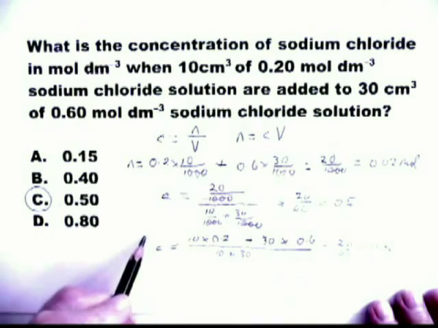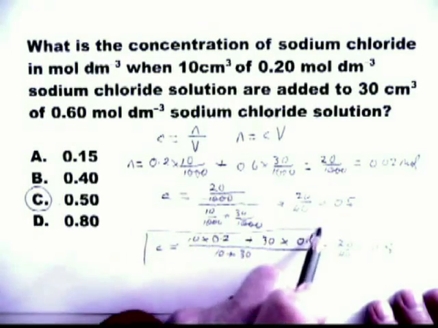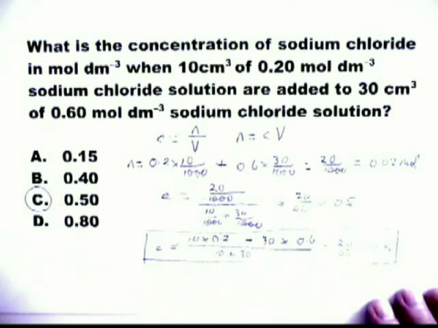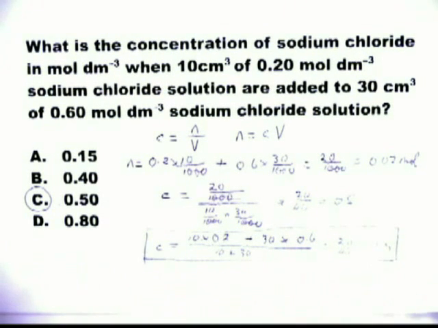If you do this, you can do the question in approximately 30 seconds. There's no need to put the thousands in, just the numbers that they give you in the question.